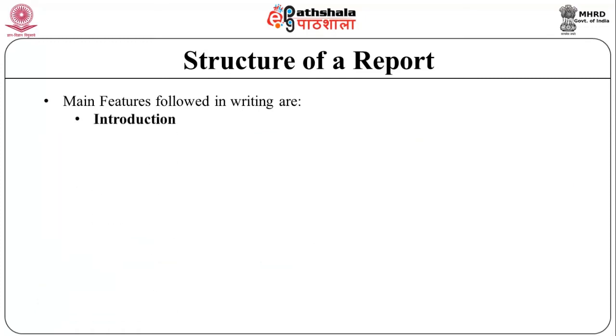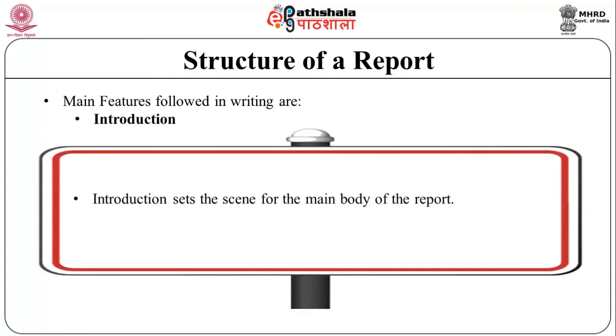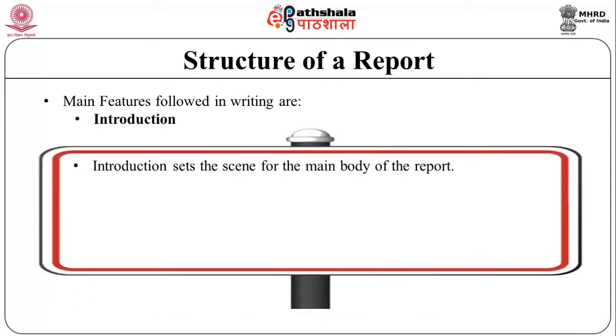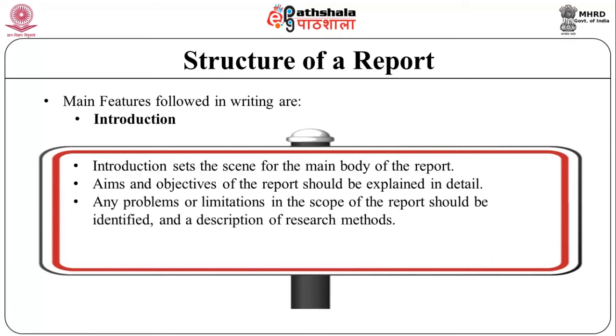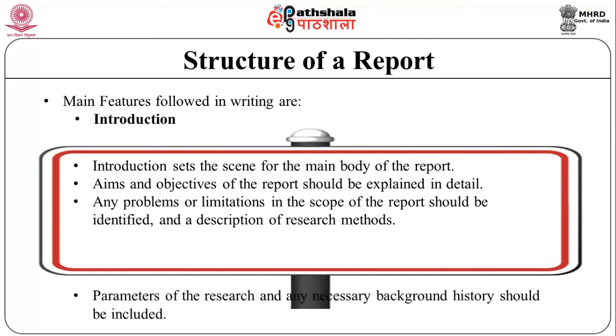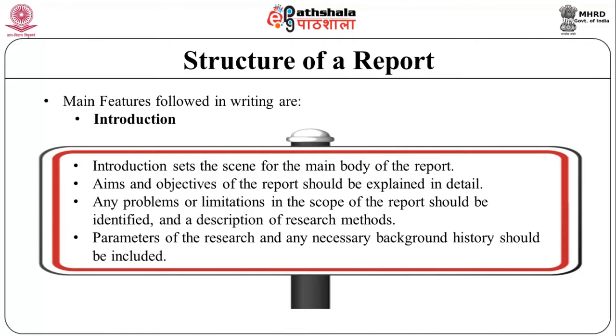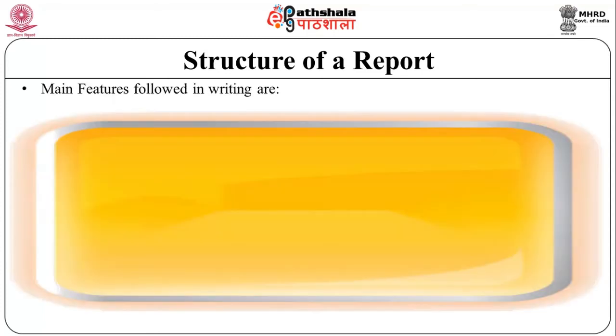When we talk about the introduction, the introduction sets the scene for the main body of the report. The aims and objectives of the report should be explained in detail. Any problems or limitations in the scope of the report should be identified, and a description of research methods, the parameters of the research, and any necessary background history should be included.